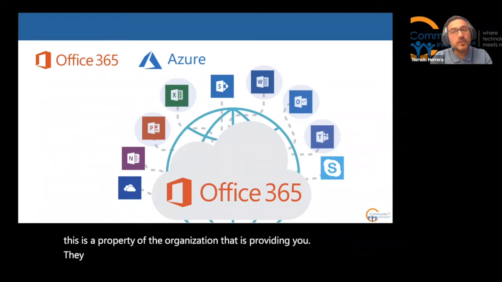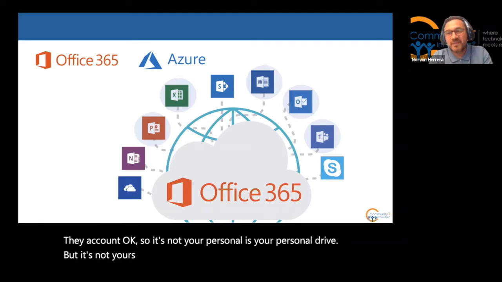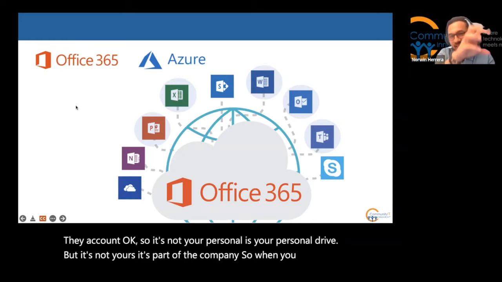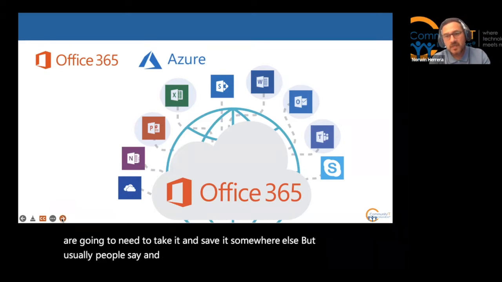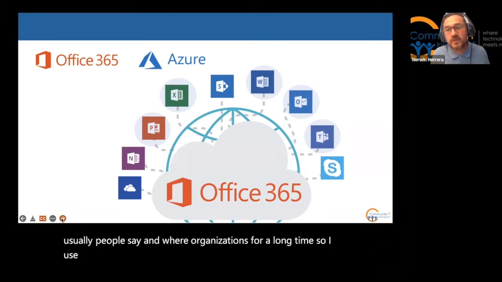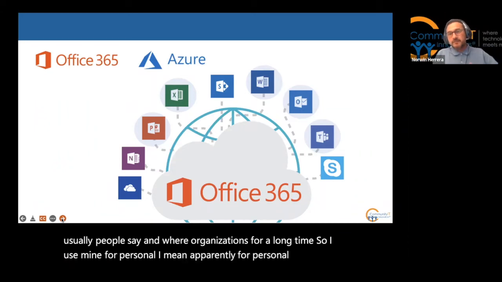So it is your personal drive, but it's not yours. It's part of the company. So when you leave, you are going to need to take your files and save them somewhere else. But usually people stay in organizations for a long time. So I use mine, barely for personal, but I use mine.